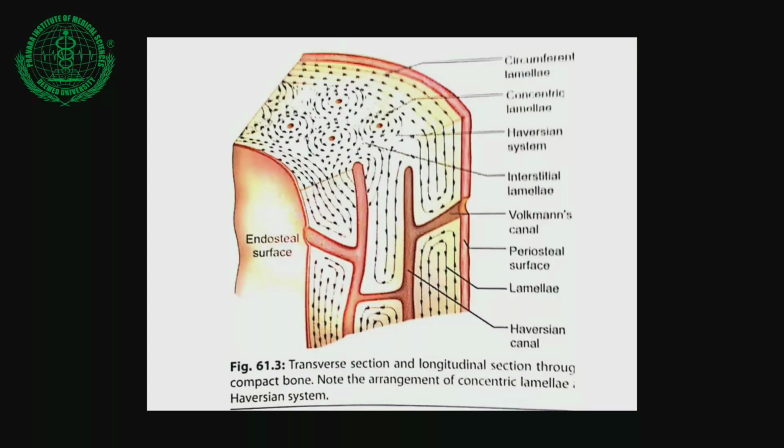I also showed you the diagram showing the different structures of the Haversian canals and how the lamellae are formed, Volkmann's canal, with the stages of bone formation also we have discussed.